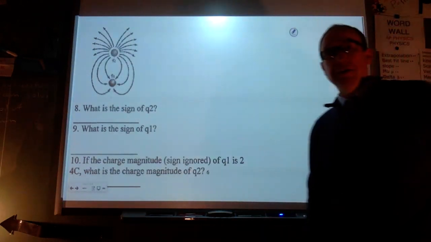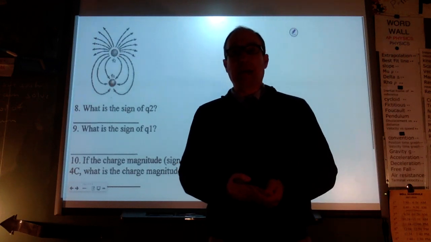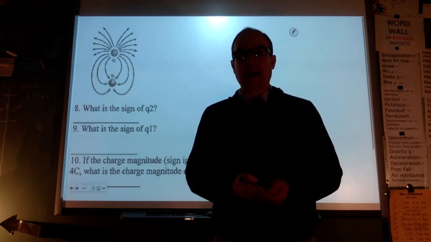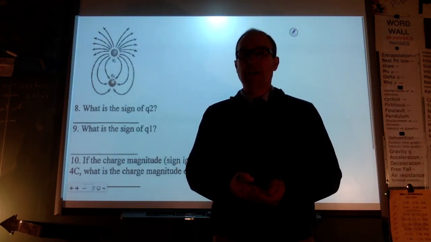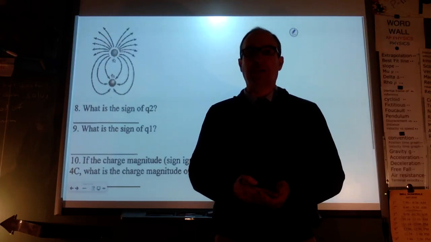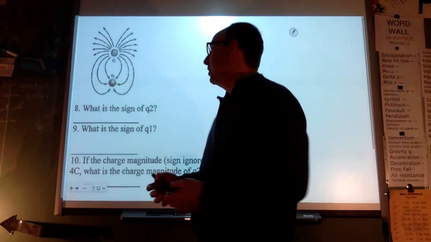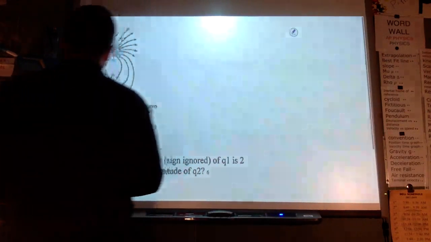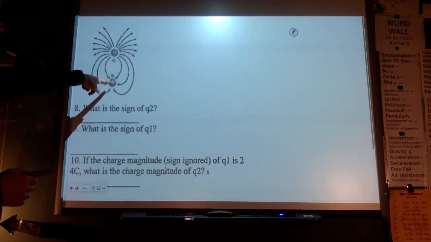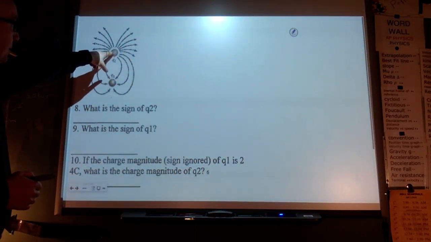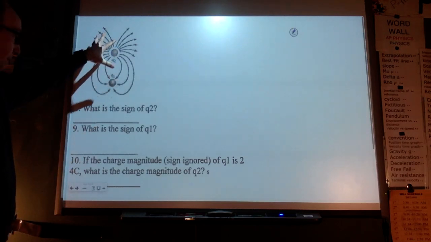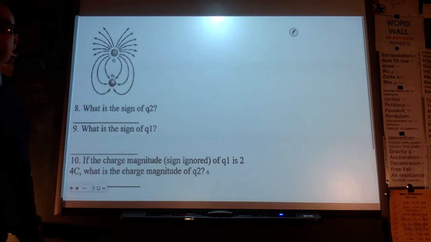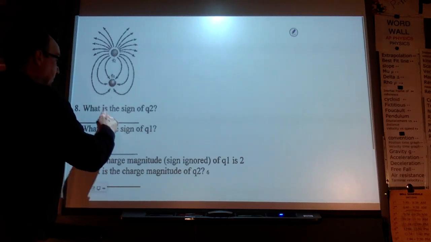All right, so these field lines, you guys need to be able to identify the sign of the individual charges and also the relative strength of the two charges. So in this one, I have Q2 and Q1. Q2 has arrows going away from it. So that tells me that it is a positive charge.